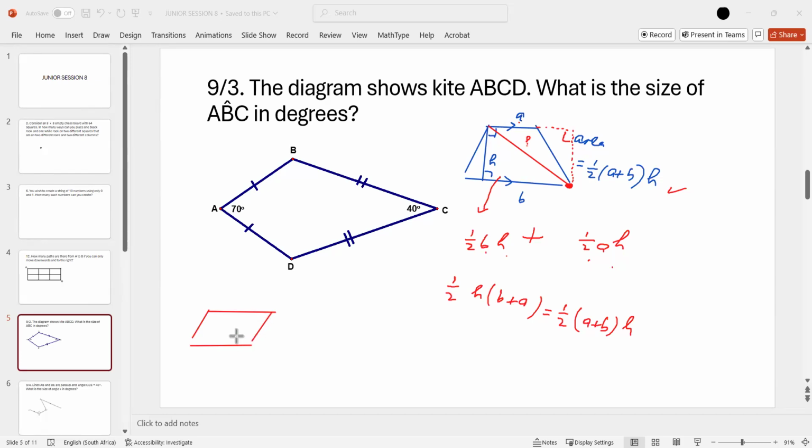What are the properties of a quadrilateral where the opposite sides are parallel? It's called a parallelogram. As the name suggests, parallel, and ogram means opposite sides are parallel. The only thing you know about a parallelogram, the definition, is that the opposite sides are parallel.